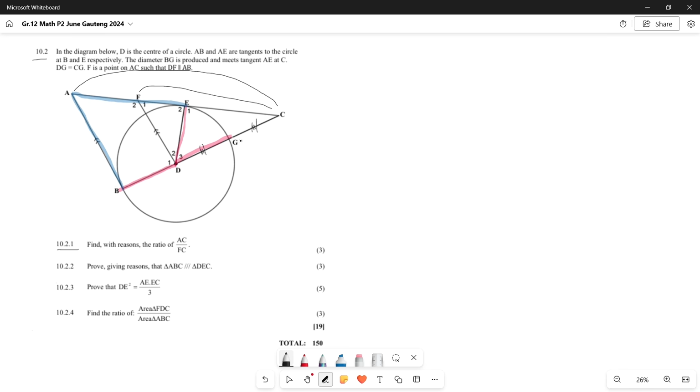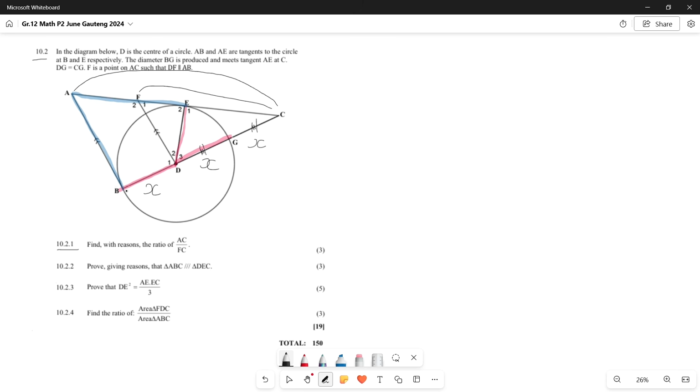And if we're going to work on this side, we're going to work with the pink lines, B to G, because that is our diameter, which means that DG equals X and BD equals X as well, because these are radii, they are the same length. But then GC is also X because they've told us that DG equals GC. Okay, which means right now we're going to write all the rules.